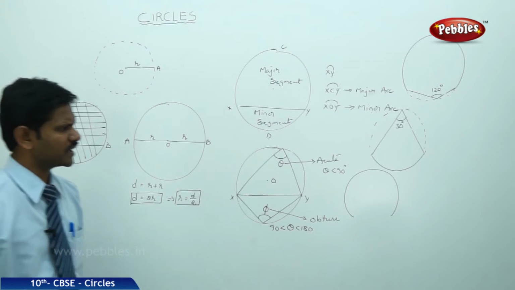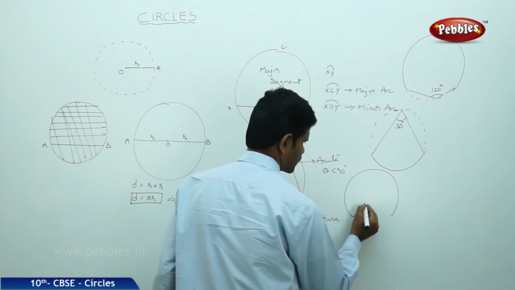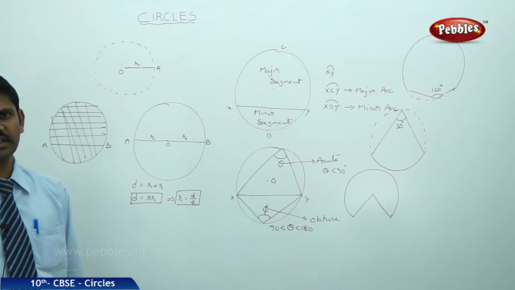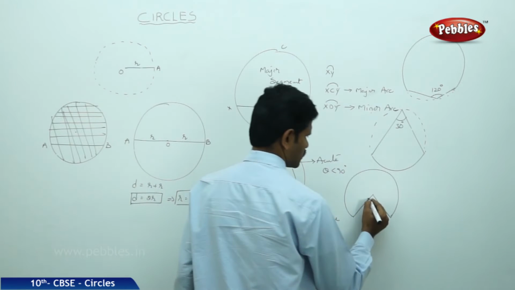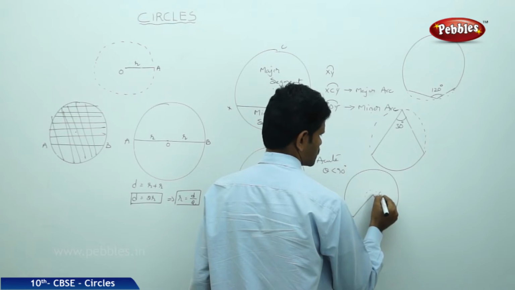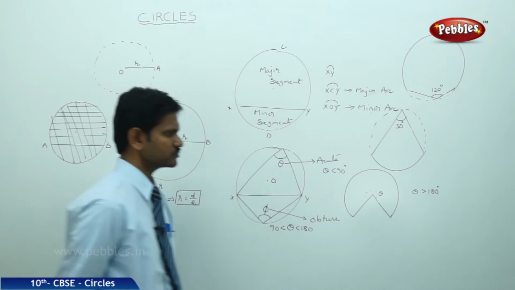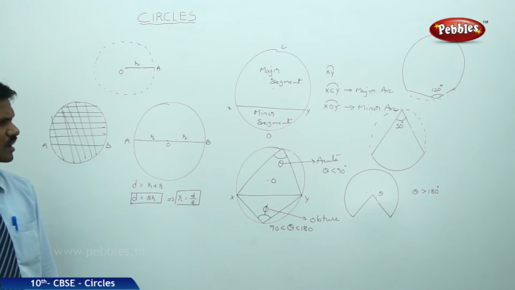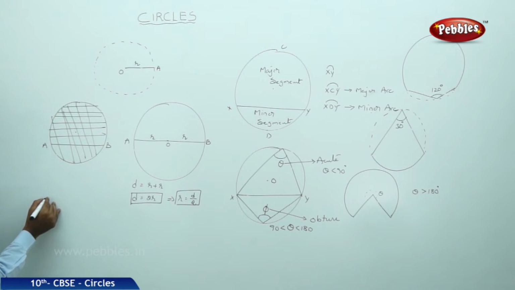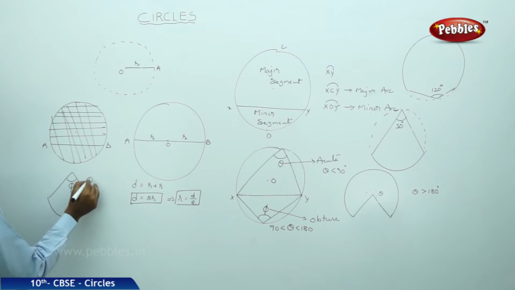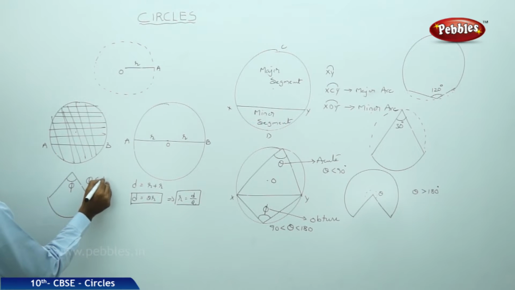Next, angle subtended by the major arc at the center of the circle is more than 180 degrees. That is, this theta will be more than 180 degrees. And angle subtended by minor arc at the center is less than 180 degrees.